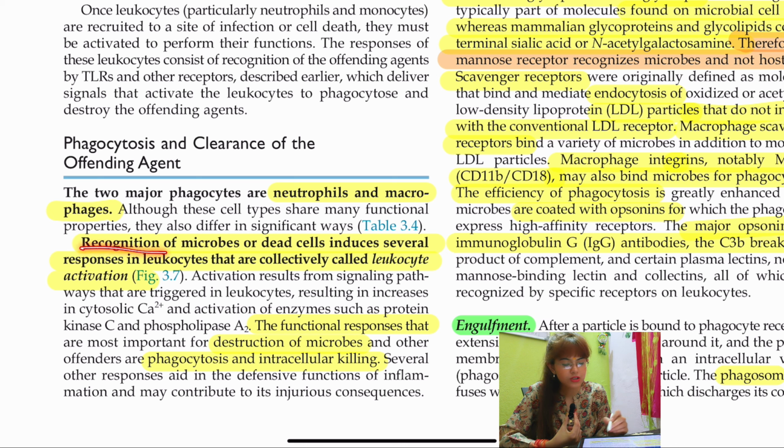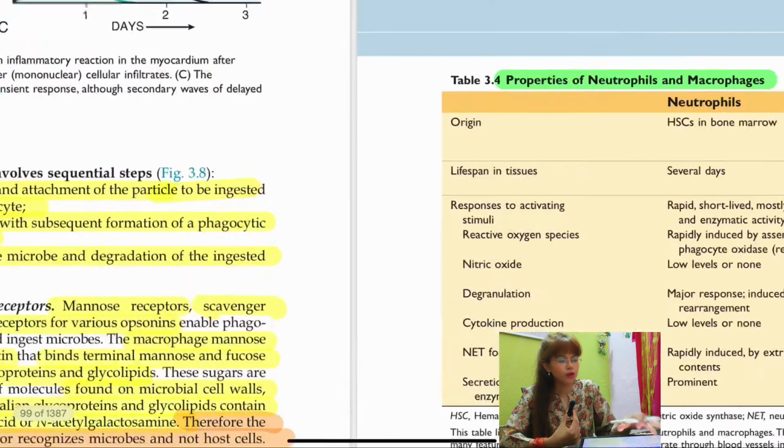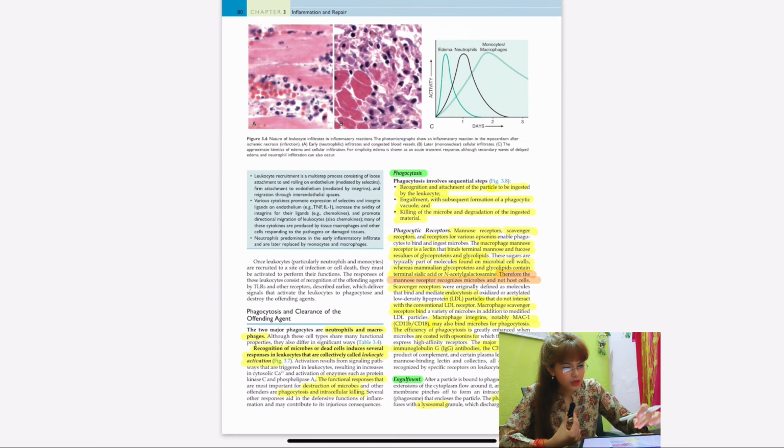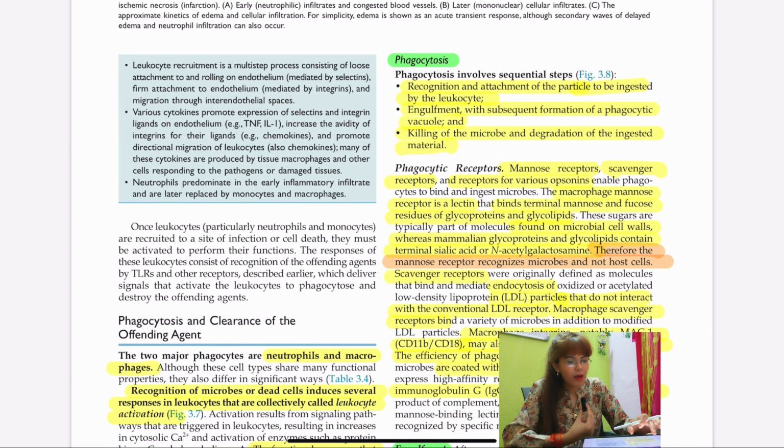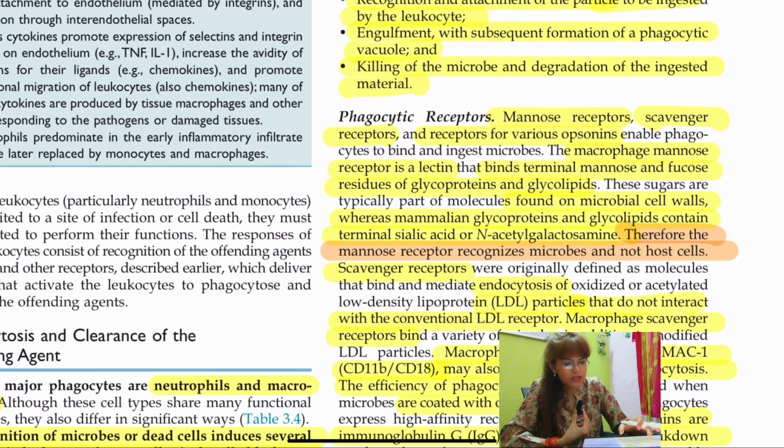Recognition of these microbes or the dead cells induces several responses in leukocytes, collectively called leukocyte activation. The functional responses that are most important for destruction of microbes and other offenders are phagocytosis and intracellular killing. By these two mechanisms, these microbes are going to die. So what is phagocytosis?